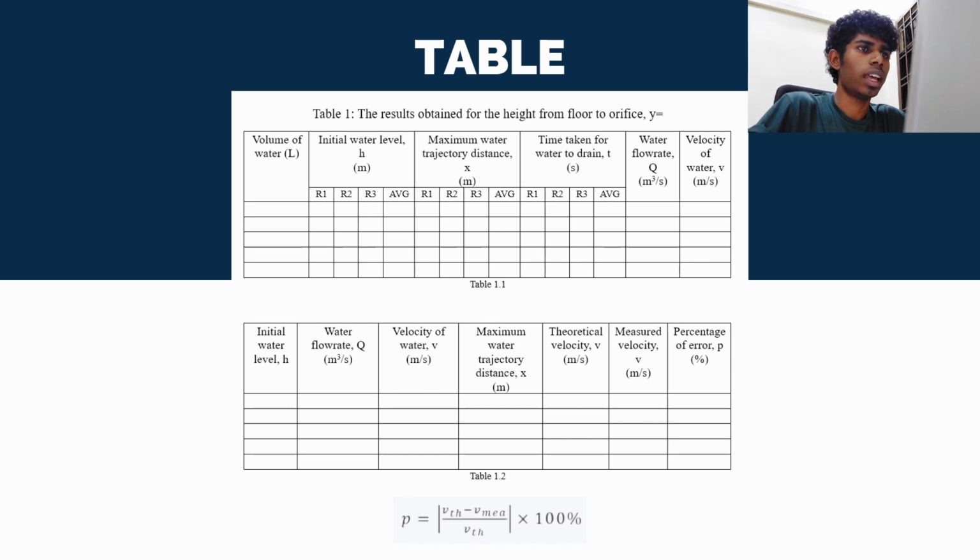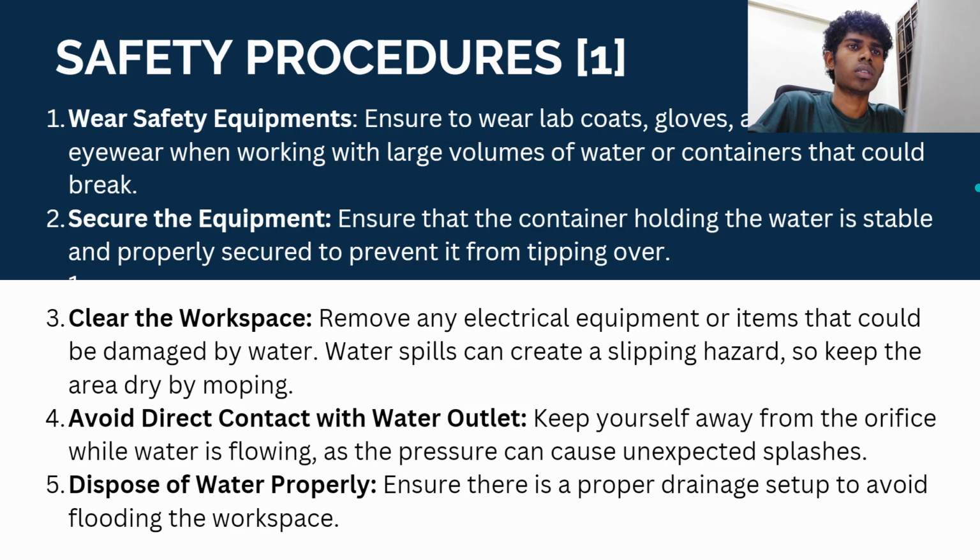So first is to wear safety equipment, to make sure we wear clothes, gloves, and protective eyewear because we're working with large volumes. Second is to secure the equipment. So ensure the container holding the water is stable and properly secured to prevent it from tipping over. Third is to clear the workspace. So we have to clear any electrical equipment or any other items around the experiment area to avoid slipping hazards and keep the area dry by mopping it.